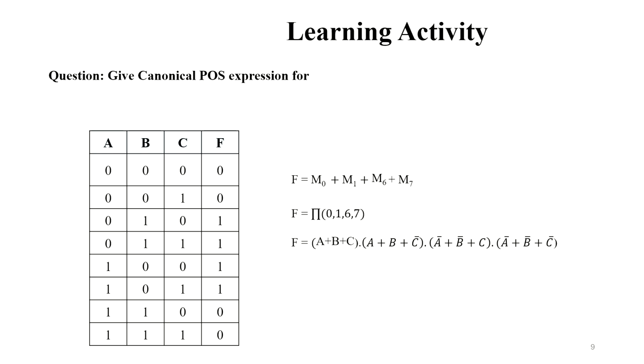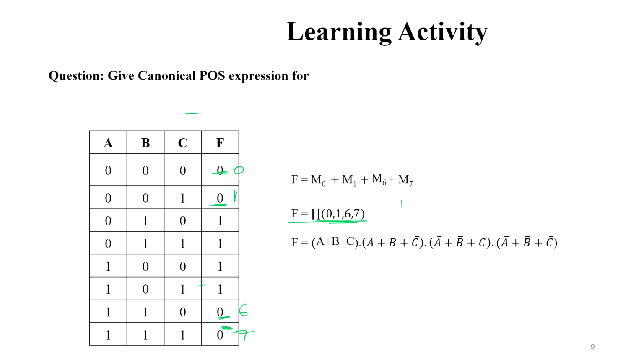If you want to find these maxterms, you have to see where you have the zeros. Again, this is a 0, again 0 is here, and 0 is here. So this is the 7th position, the 6th position, the 1st position, and the 0 position.